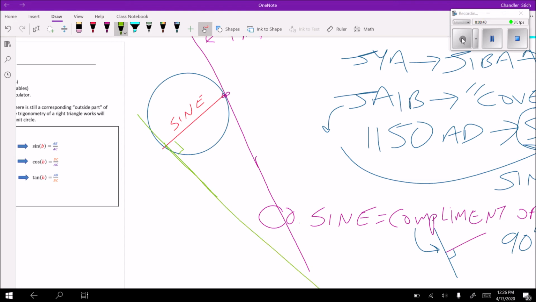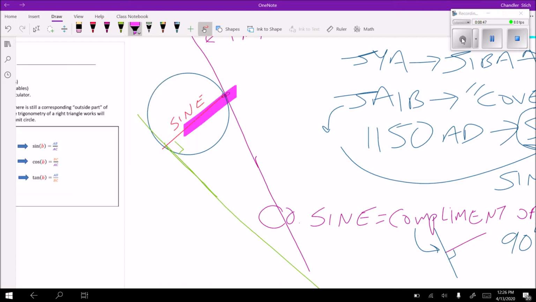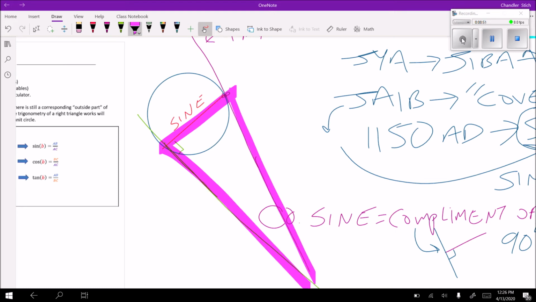Again, it's not perfect because I'm drawing this freehand. But what do I have here? I have a triangle with a 90-degree angle, meaning I have a right triangle.